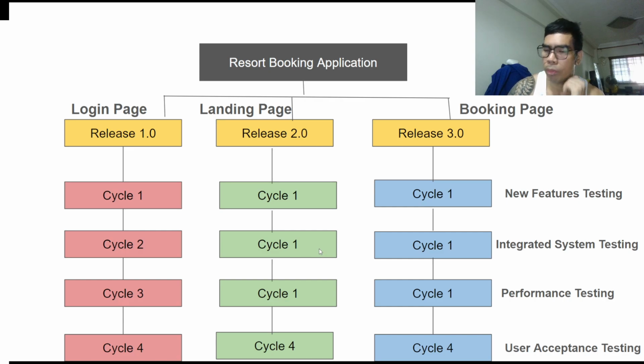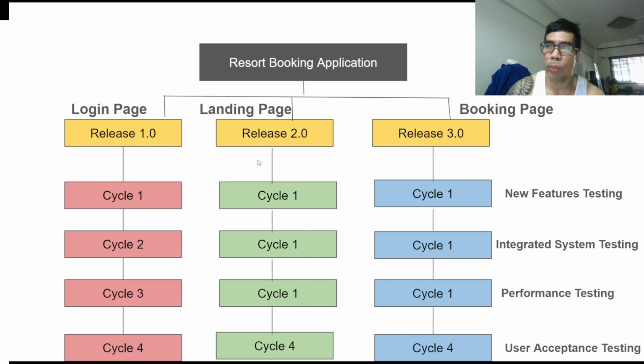I have an example from our previous company. We had a resort booking application for Disney. Our application development consisted of different releases: release one, two, three. The first requirement was for the login page. As I said, we should specify the target date, the implementation date, for release one, which is the login page.